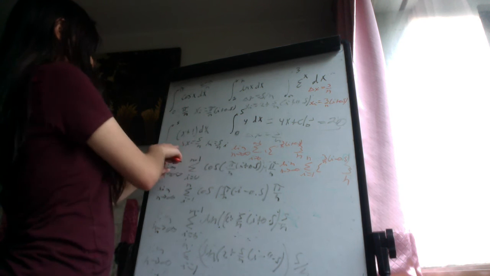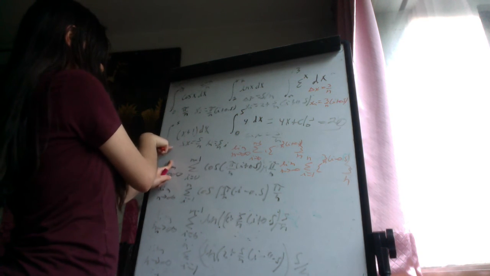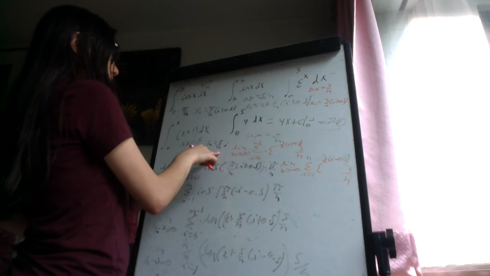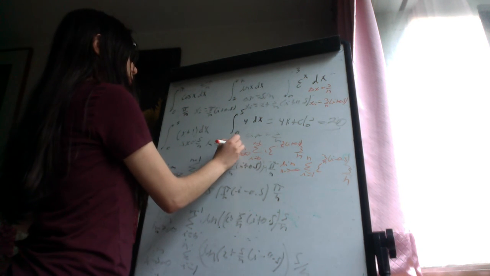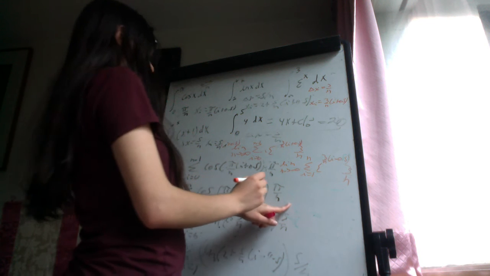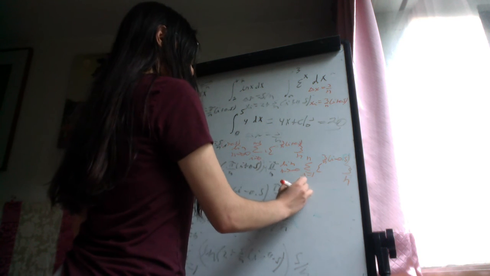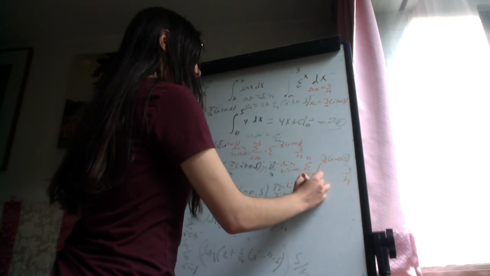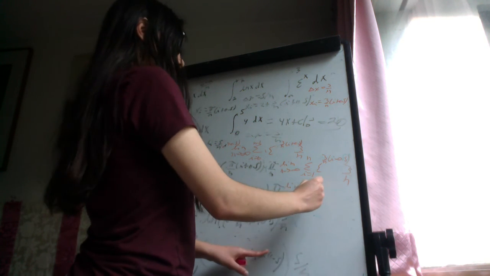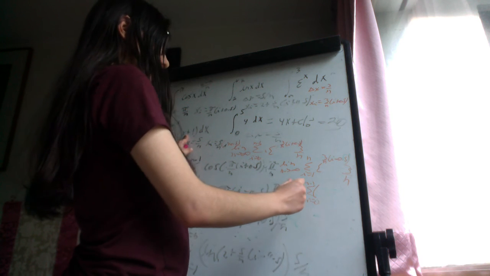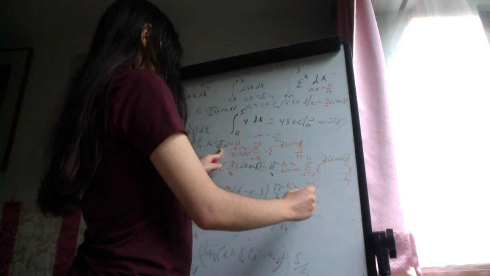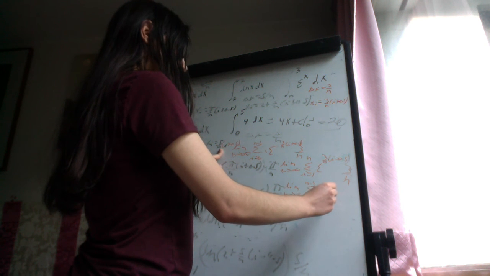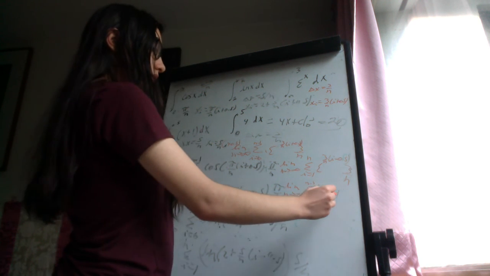Here the delta x is 5 minus 0, which is 5 over n. x sub i would be 5 over n times i plus 0.5. And so here will be the limit as n approaches infinity of the summation from i equals 0 to n minus 1 of, x sub i is 5 over n times i plus 0.5, plus 1.